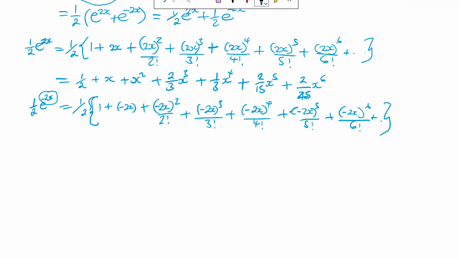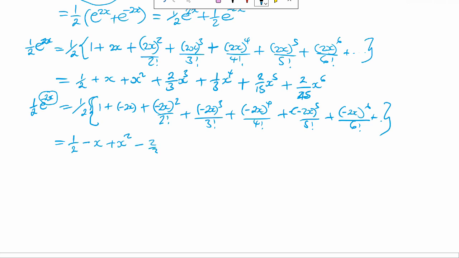This one simplifies to a half, again a half, and minus, because we're multiplying by negative 2x, so we shall have minus x plus x squared, and this one is minus 2 over 3 x raised to 3 plus a third x raised to 4, subtract 2 over 15 x raised to 5, add 4 over 45 x raised to 6.